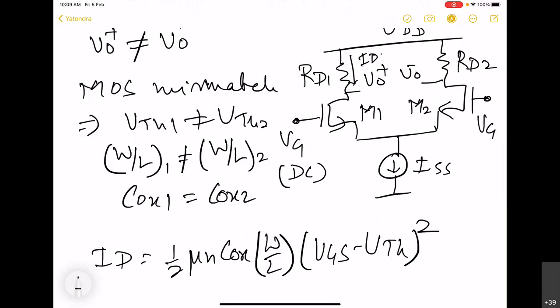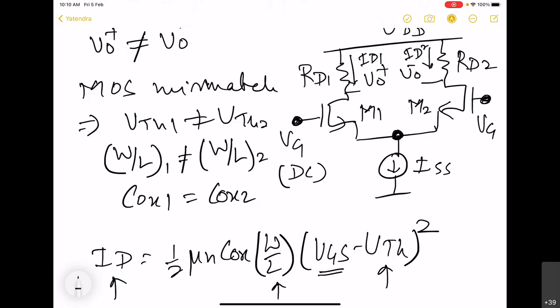So here you can see that even when we are giving the same gate voltage, their source is anyway common. So gate to source voltage is going to be same for both the MOS. So despite that, because of the difference in the threshold voltage and the aspect ratio, their drain currents are not going to be identical. So both the MOS will have different drain currents, ID1 and ID2, right?